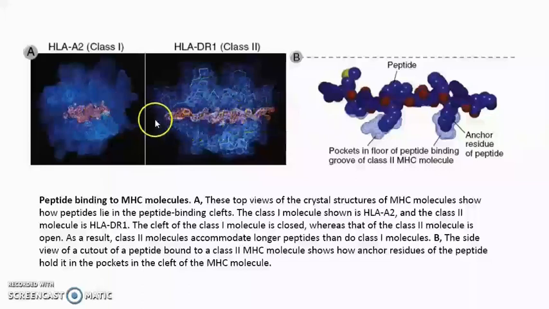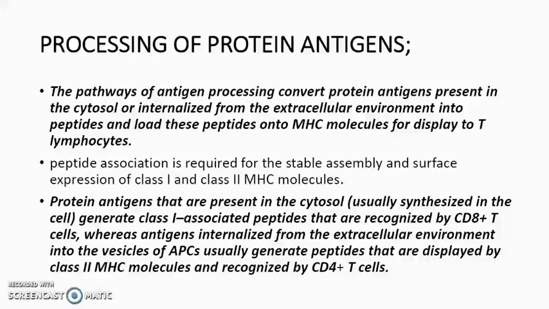As a result, class 2 molecules accommodate larger peptides than class 1 molecules. In B, the side view of a cutout of a peptide bound to a class 2 MHC molecule shows how it is anchored. Here is the anchoring of the peptide to MHC class 2, holding it in the pocket in the cleft of the MHC molecule.